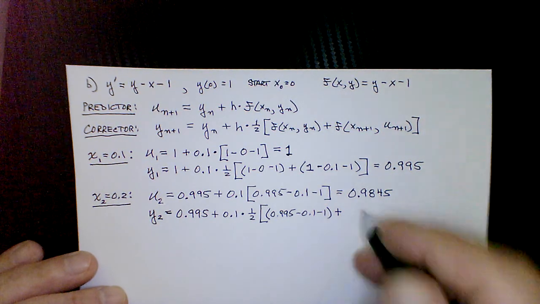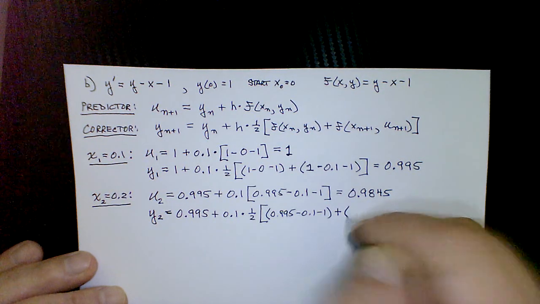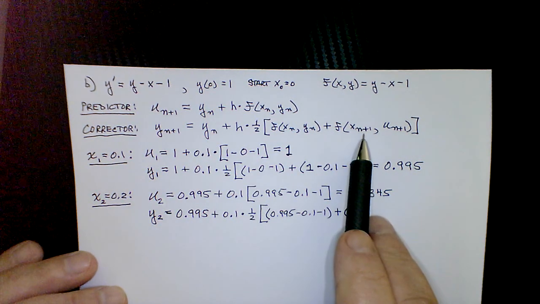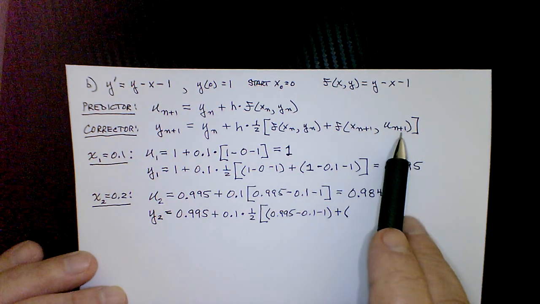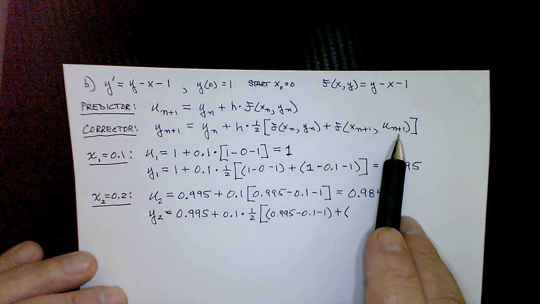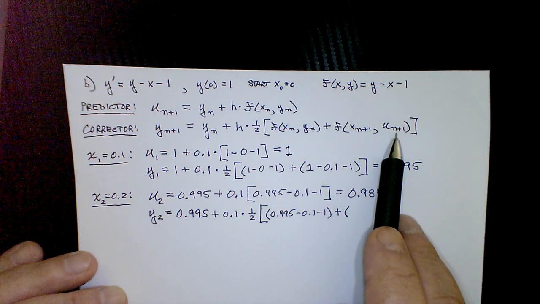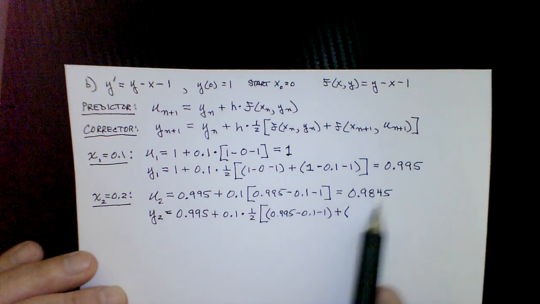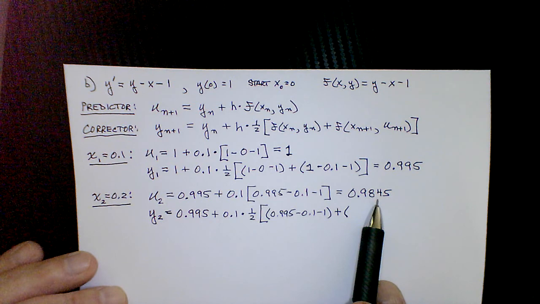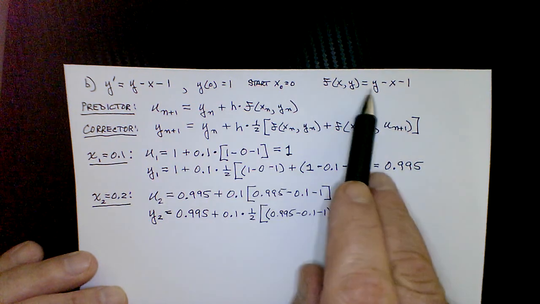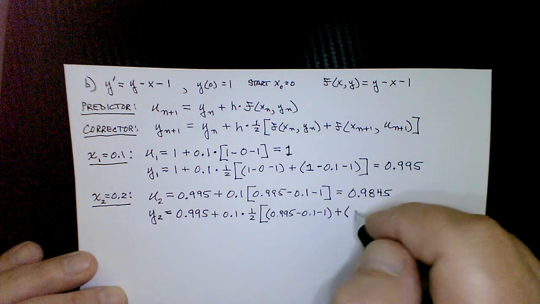Okay, but now you have to think about the new x value and the predictor value. So this predictor replaces y. So this 0.9845 that we just found replaces this y in the formula.